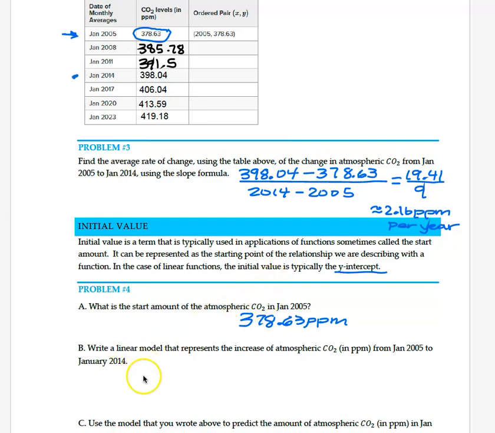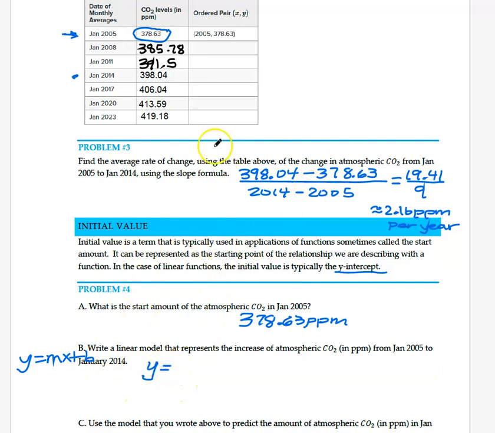And then it wants us to write a linear model representing the increase of atmospheric CO2 from January 2005 to January 2014. So remember, we're going to be using, again, that y equals mx plus b to set this up.